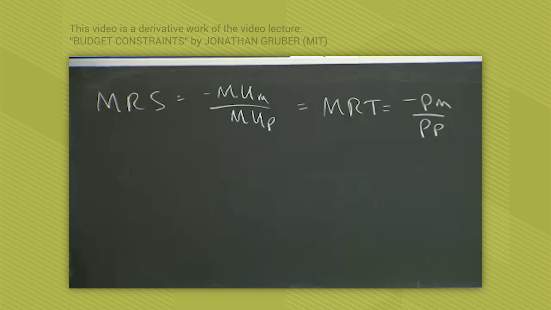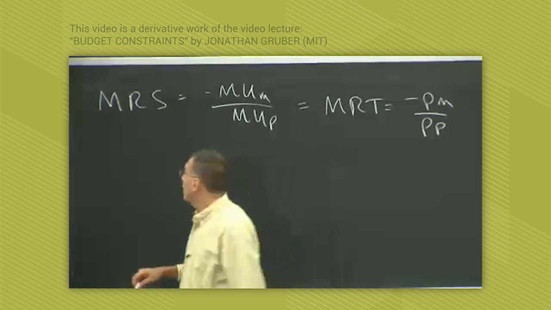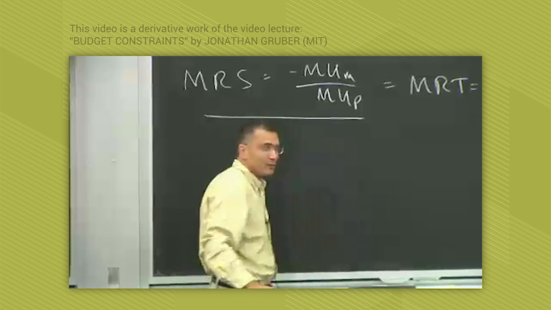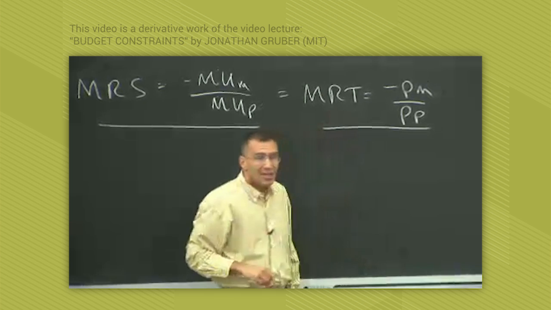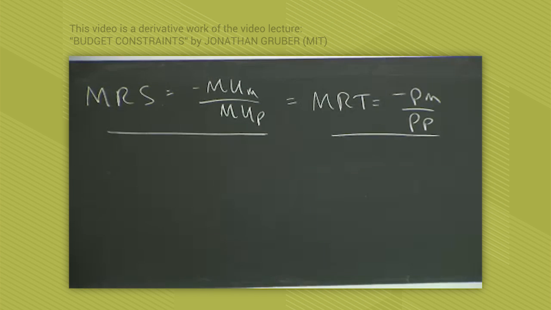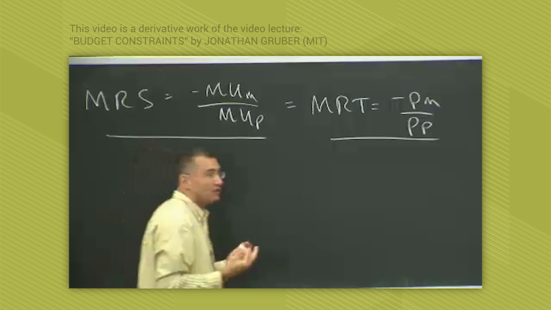The slope of the budget constraint is the negative of the price ratio. That's where you were sort of one step ahead of us here. Okay? So preferences give us that this is the marginal rate of substitution. The mechanics of the market give us the marginal rate of transformation. And utility maximization gives us that those are equal because they're equal at that tangency.